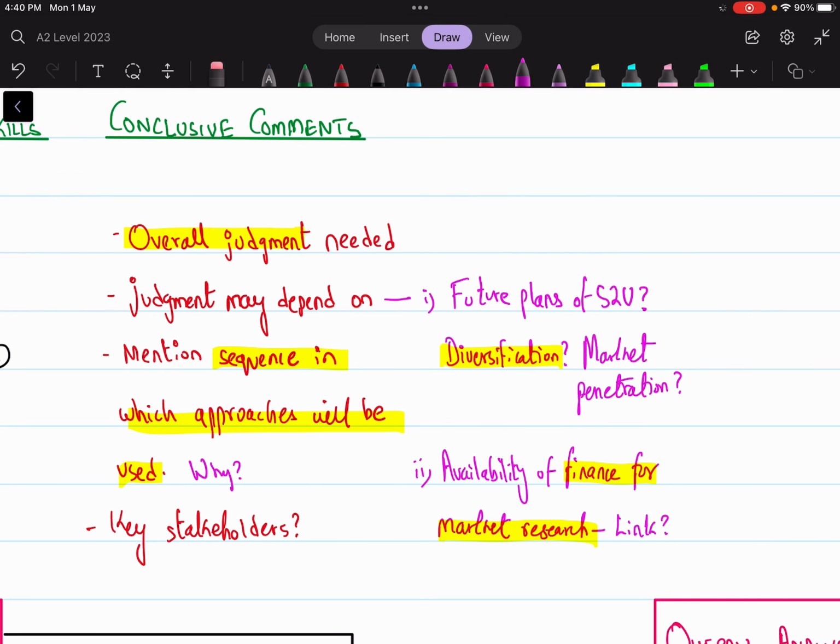So the first step is to make yourself more aware of your information, your capabilities, your strengths, your competencies, your weaknesses, your errors, your problems, your shortcomings, and the obstacles, and then perhaps come up with an external industry analysis. And then you can also mention how the use of these approaches, or the decisions you take based on these approaches, are likely to affect your key stakeholders. So this will be your conclusion.